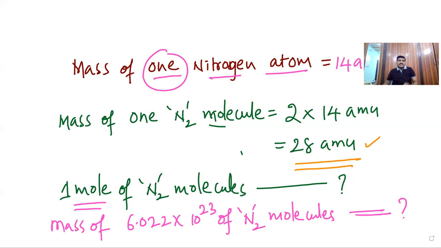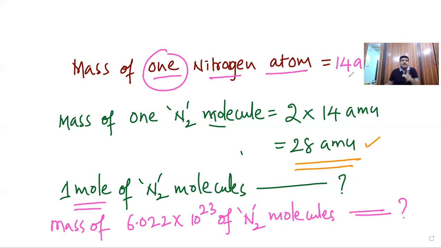How is the clarity in the statement? Mass of one nitrogen atom is 14 atomic mass units. But here we are concentrating on the molecule of nitrogen. One molecule of nitrogen consists of 2 atoms of nitrogen. Mass of one atom of nitrogen is 14, so 2 atoms mass is 2 into 14.